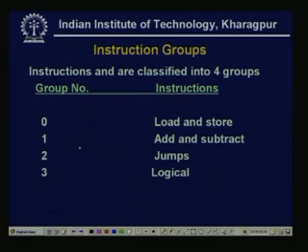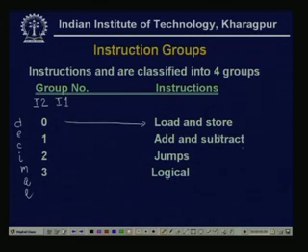These are my I2, I1, the group number in the opcode, and these are the decimal values. So, group number 0, 1, 2, 3 we have already seen, and if it is 0, that means this is load and store. That is why we have put a 0 there. 1 means add, subtract. 2 means JZ, jump on zero, and jump on carry. 3 is AND, the logical operations. So, in this way we have defined the group number of the instructions.